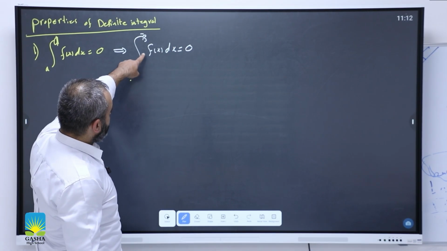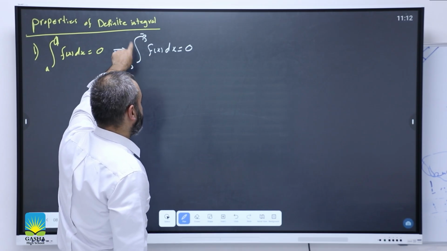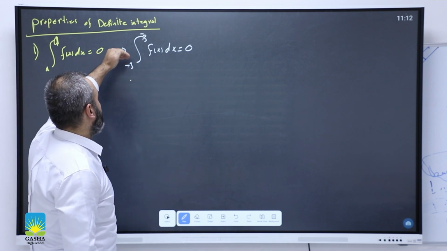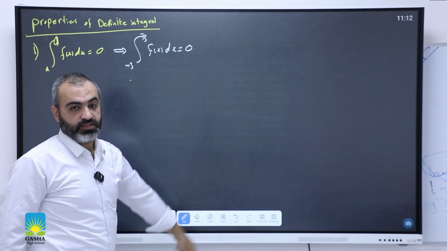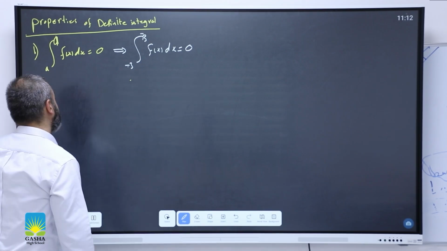Only if the function has a discontinuous point at negative 3 does it become undefined. But if f of x is continuous at negative 3, the result is 0. Remember, it's very, very important.